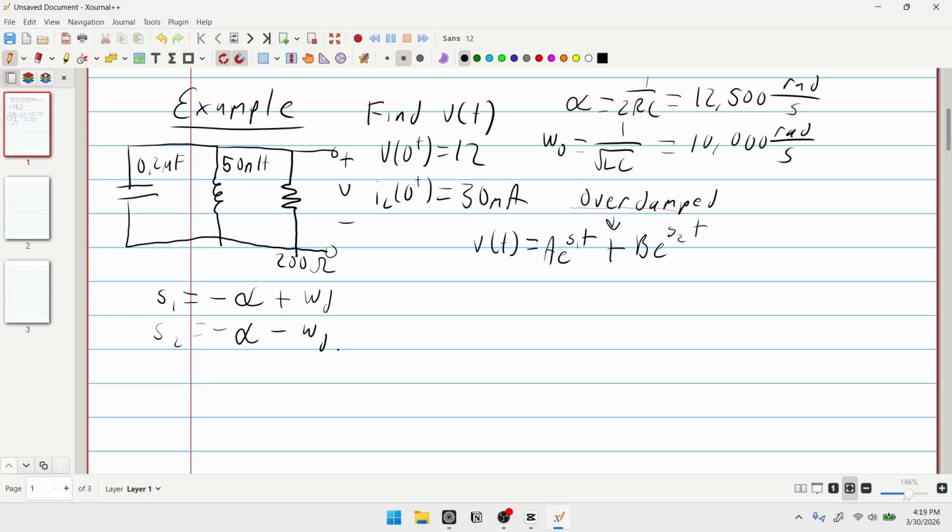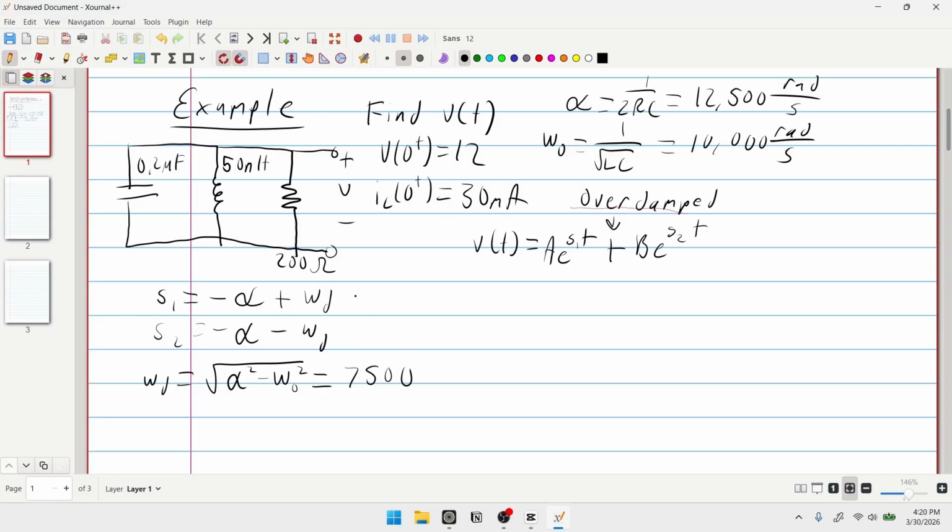Right? So, now what was our damped frequency again? Well, in our overdamped case, omega d is equal to the square root of alpha squared minus omega naught squared, right? So if we plug that into our calculator, the square root of 12,500 squared minus 10,000 squared is 7,500.